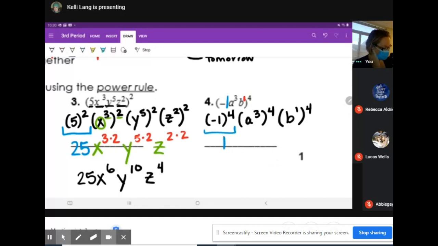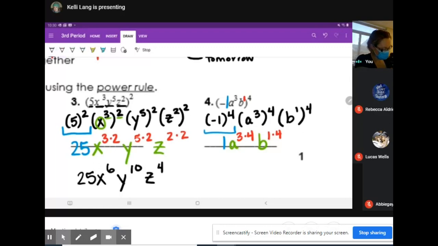Then our a has 2 exponents, 3 and 4, so we need to multiply those together. And then our b also has 2 exponents, 1 and 4, so we'll multiply those together as well.